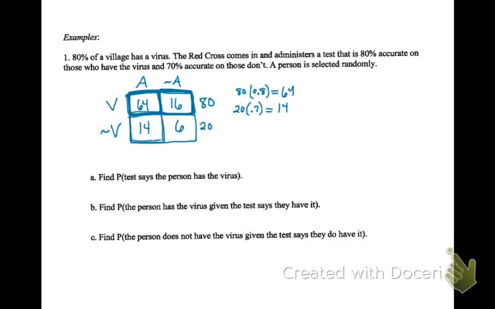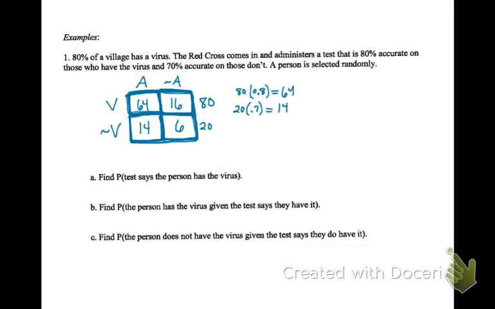This 14 box represents those who don't have the virus, and the test says that they don't have the virus because it's accurate. And this 6 represents the percentage of people who don't have the virus, however the test said that they had the virus. That's what each box represents.